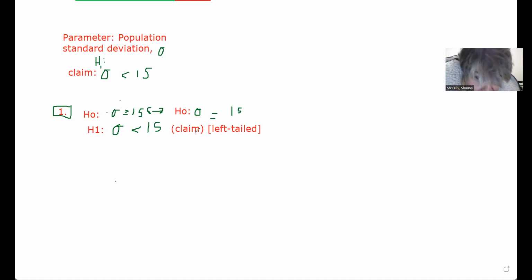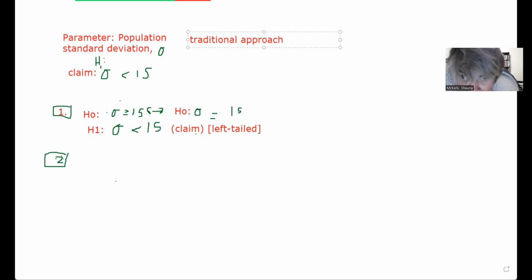It did not say to use the p-value, so we're going to use the traditional method, which means we're going to get the critical value for this test. This is the next step. We're going to find the critical values. If you want, you can make a note up here that this is the traditional approach. I'm going to do it over here because I have more room. This is the traditional approach.